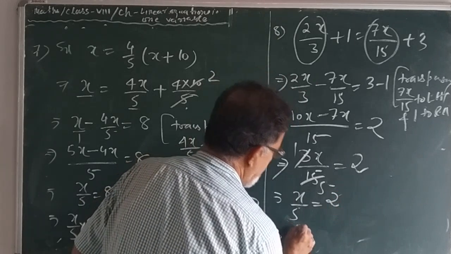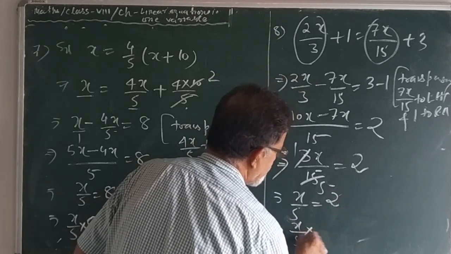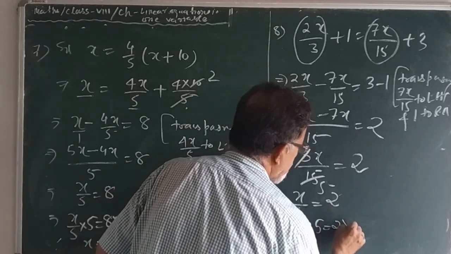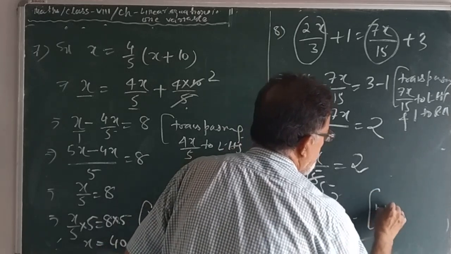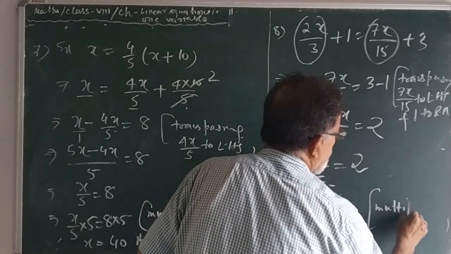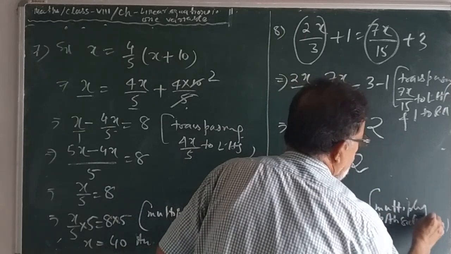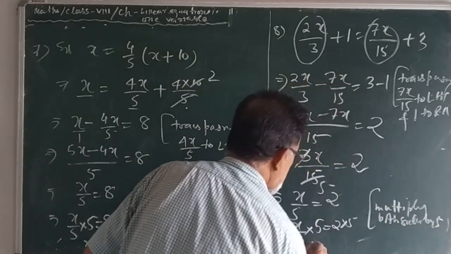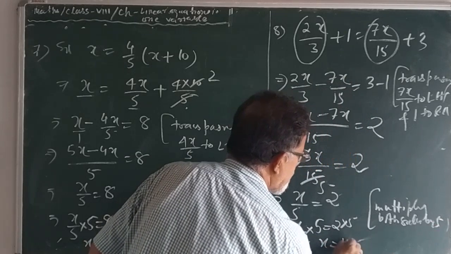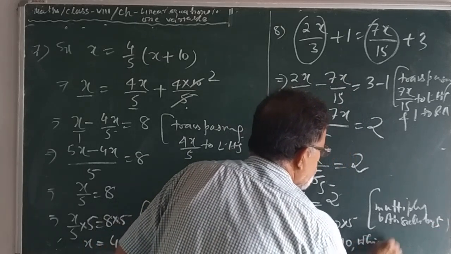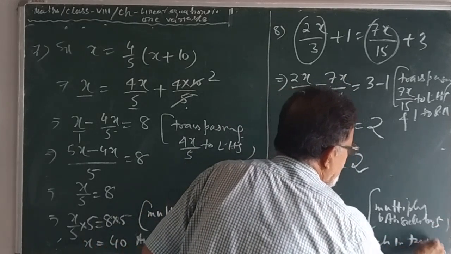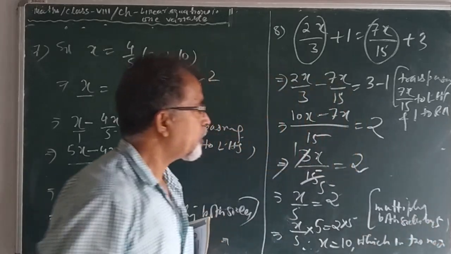We will multiply both sides by 5, which will give x equal to 10, which is the required solution.